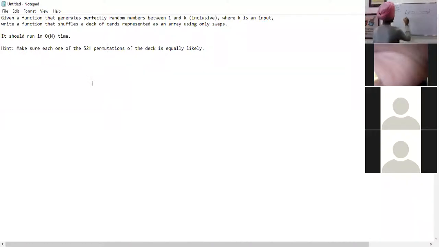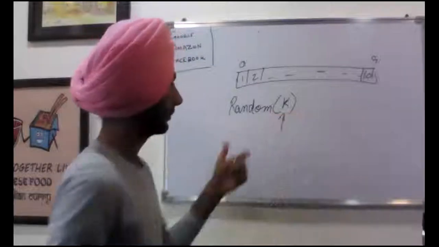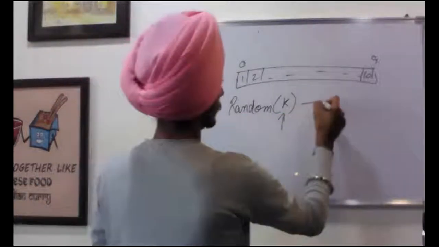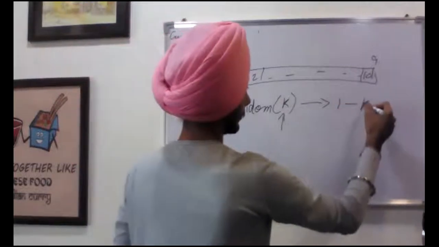That function is already given to us, that is random. Its input is k, which we provide to this particular function, and it will generate a random number between 1 to k.